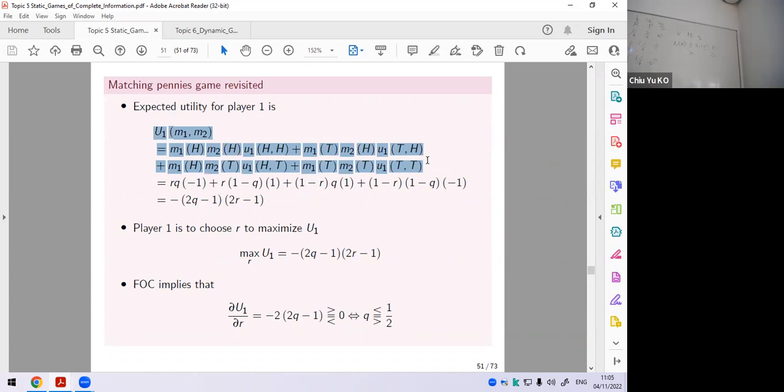If you choose M1, M1 X1, M2 X2, you get H. So there are 4 possible outcomes. Maybe write it down here to make sure you see what's going on. You have H and T, you have R, 1 minus R. Maybe I use another color.